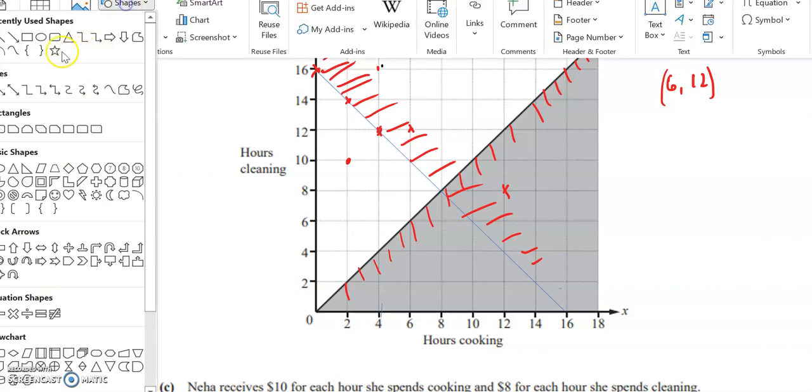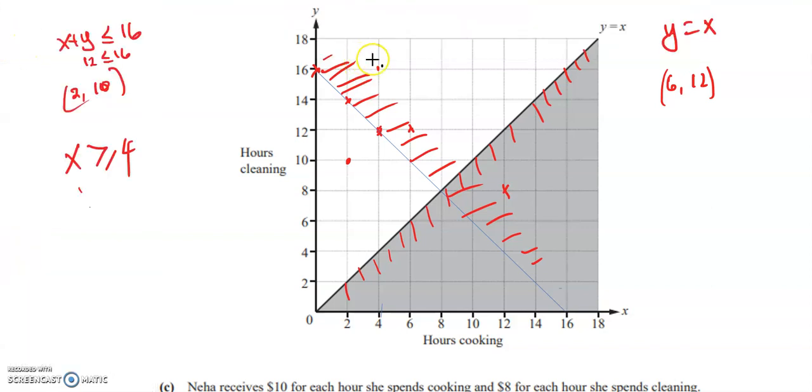Let me just go to the line. So we can have the line here, but the greater part is on the right hand side. See, x is 6, 8, x is 2, so greater than 4 means on the right hand side.